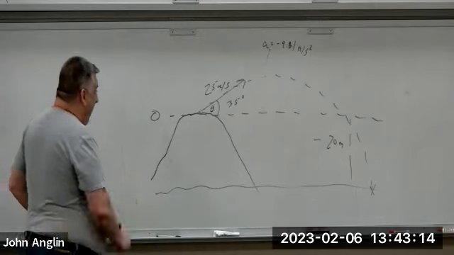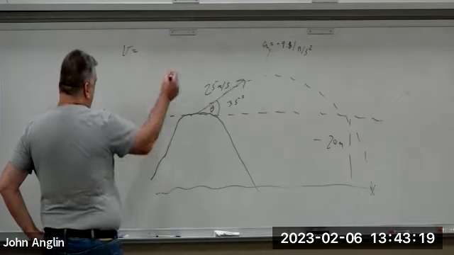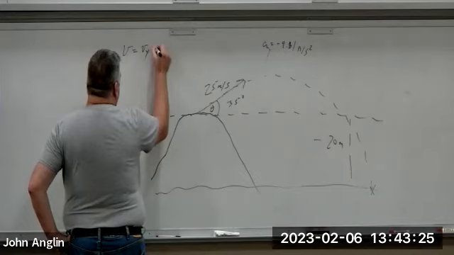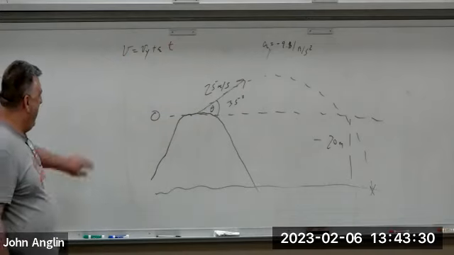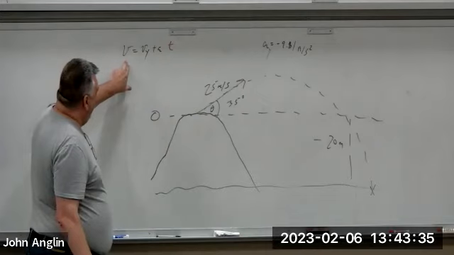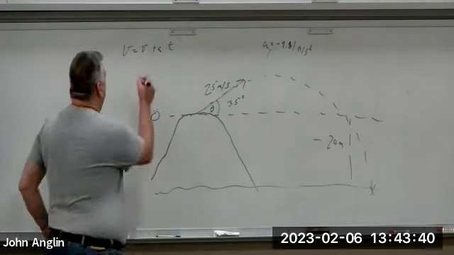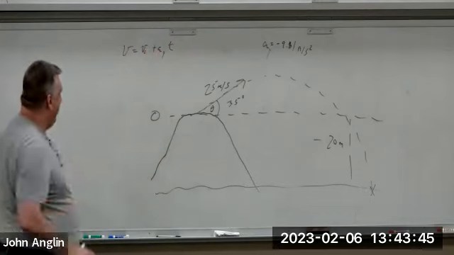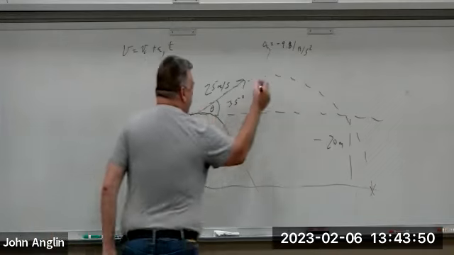This is where we can use the trick that the final velocity is our initial Vy plus at. I know my final velocity is 0 at the top of the arc.